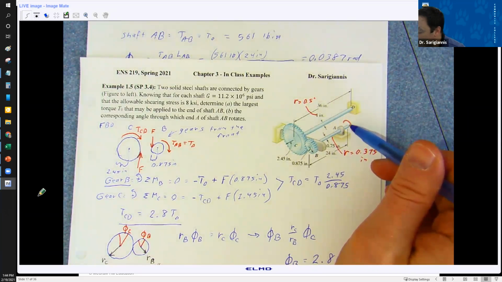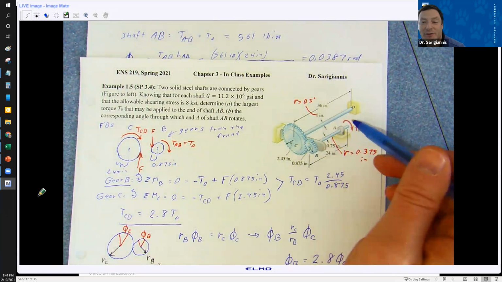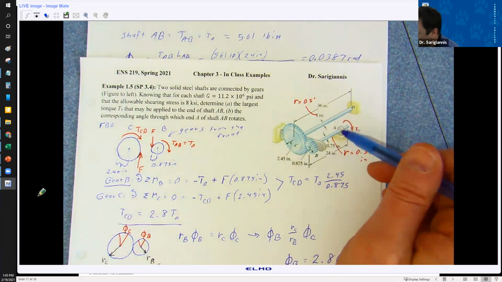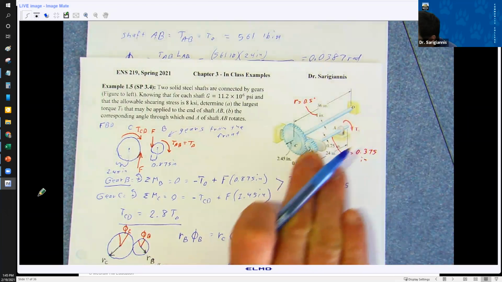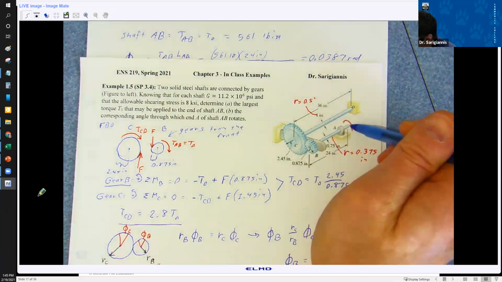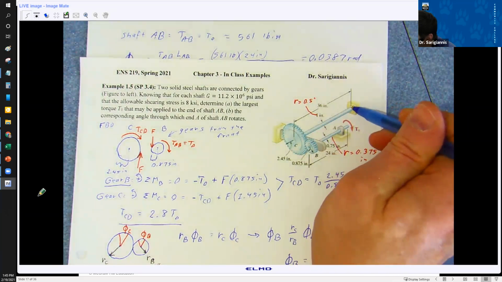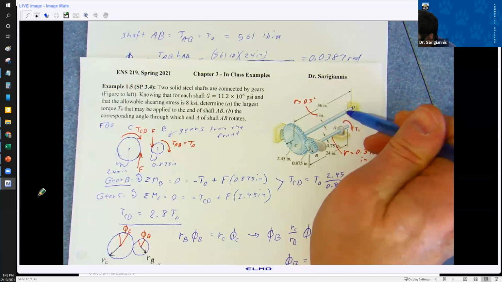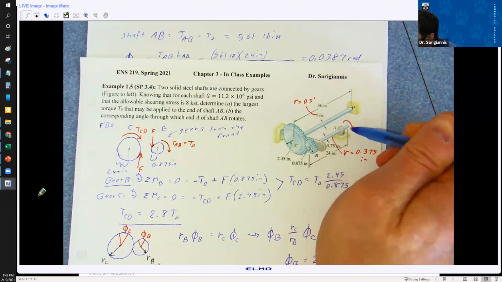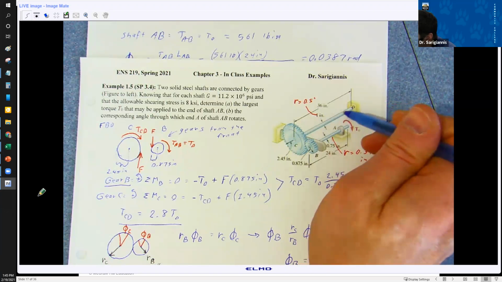Once that torque's applied, everything deforms a certain amount depending on the material properties. Let's pretend there's no deformation at first in AB. You start turning this, and you work backwards from the fixed point.